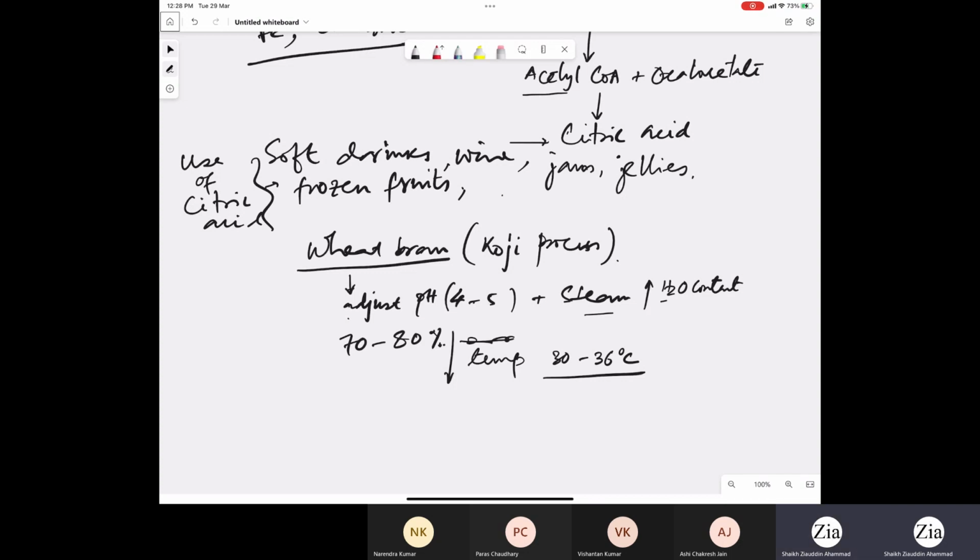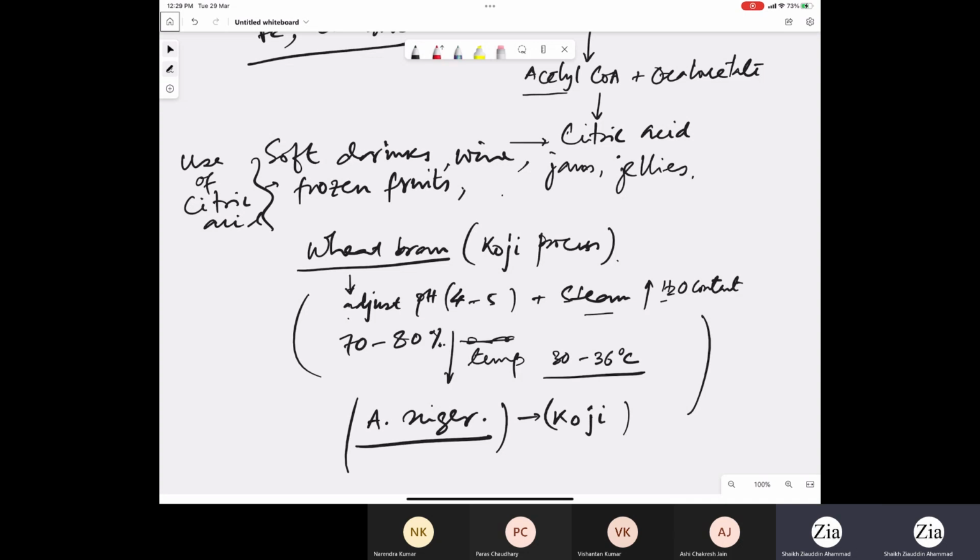And after attaining this, you inoculate the entire solid material with a special strain of Aspergillus niger. This special strain has a little bit of tolerance to iron as well as copper, and this inoculum is known as koji.